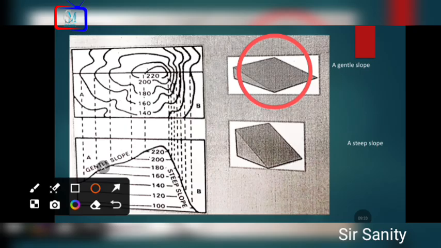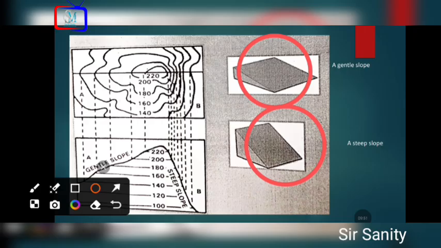A typical example is the ramp that they make for disabled people when they go to hospitals or some offices. They make that place gentle so that they can push their wheelchair and climb. But look at this side, which is the steep slope. Look at the slope. It's very, very steep.